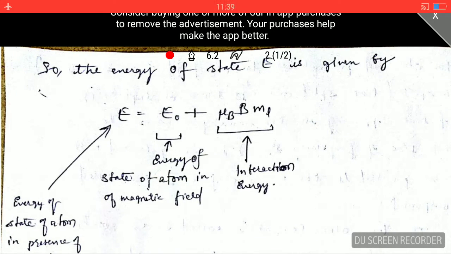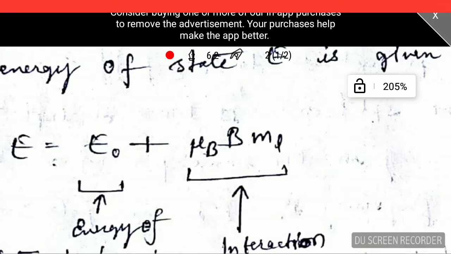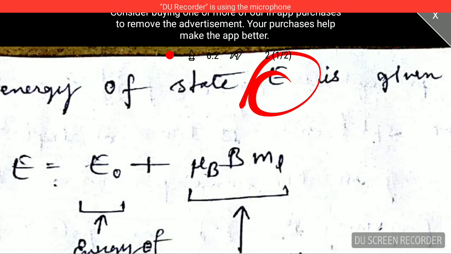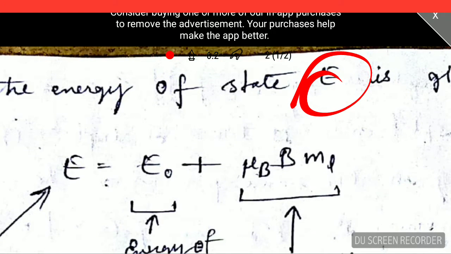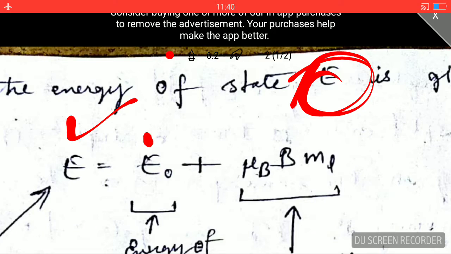As I have already told you, the atom was in the state E. The energy of that state E is equal to E naught plus the interaction energy. Let me explain this.